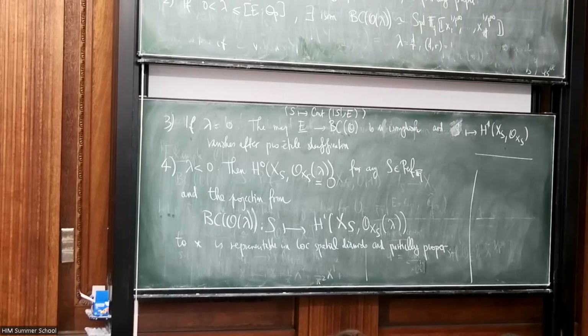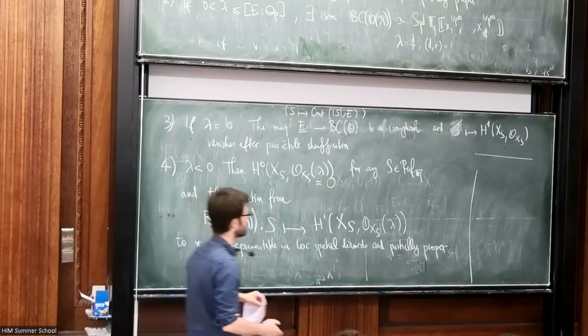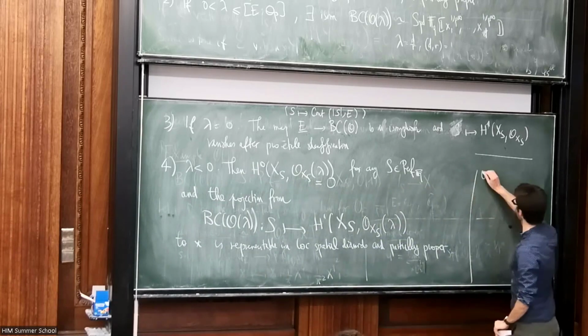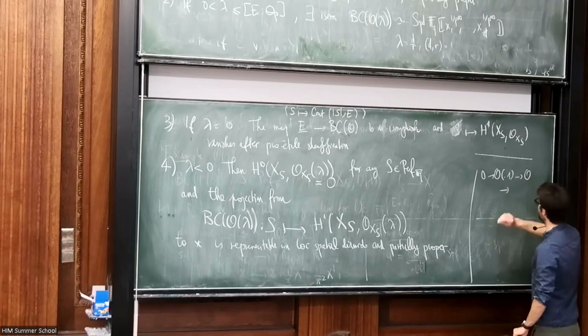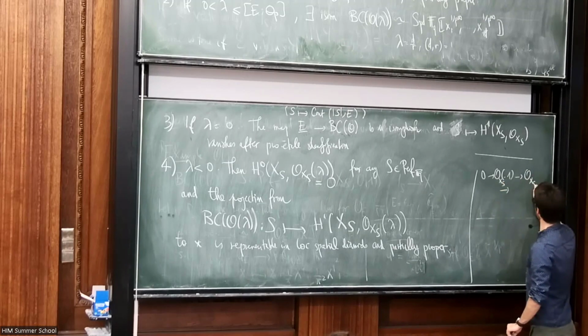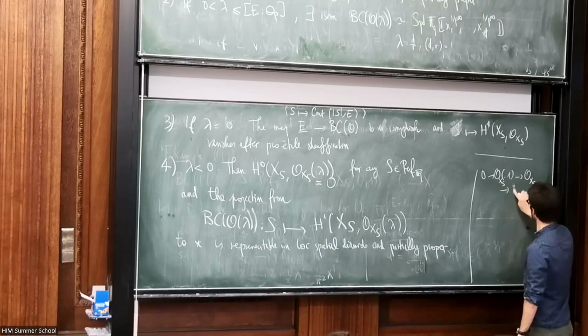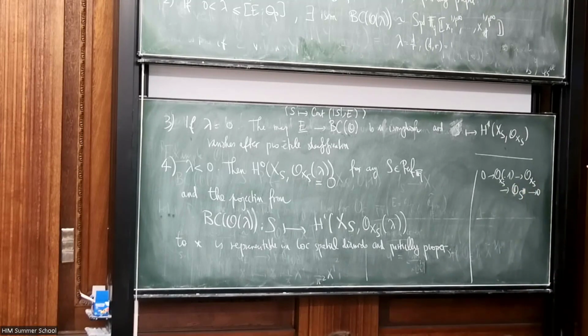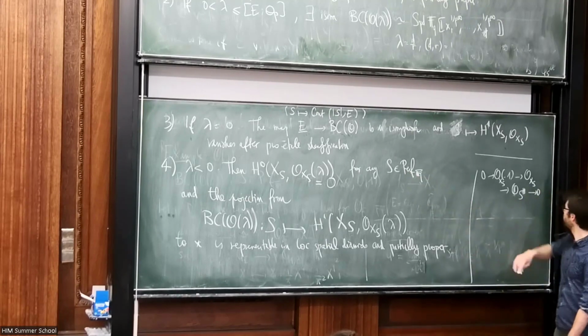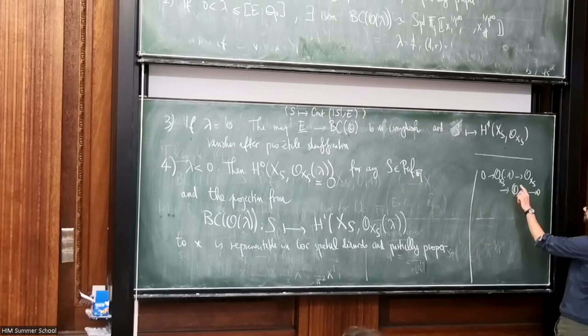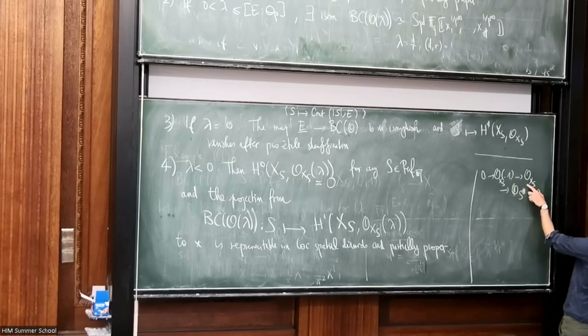So for example, you can twist this short exact sequence by O(-1) to get a short exact sequence like this. And you can look at the corresponding long exact sequence in cohomology. And I already described for you in point 3 what the cohomology looks like for the structure sheaf.